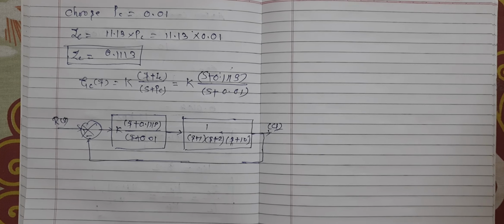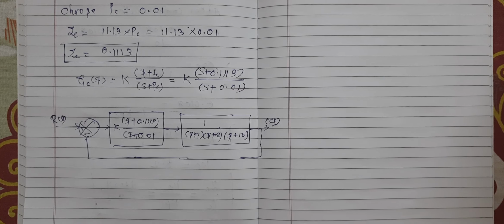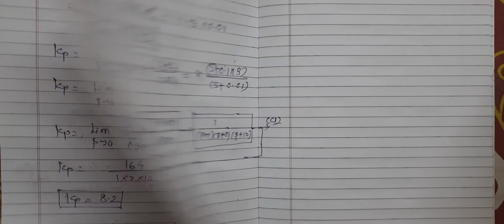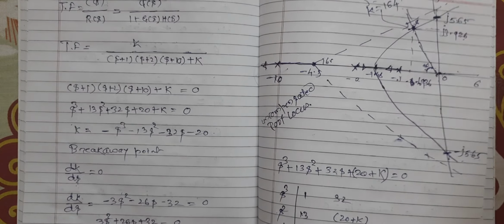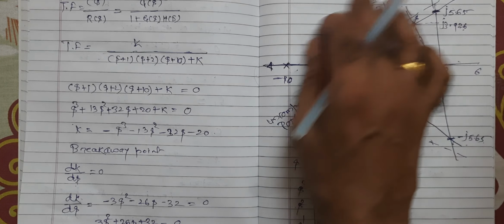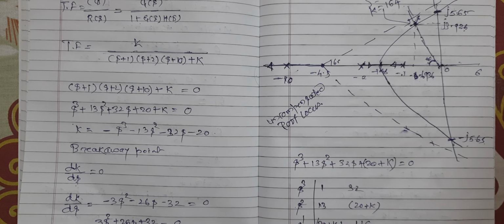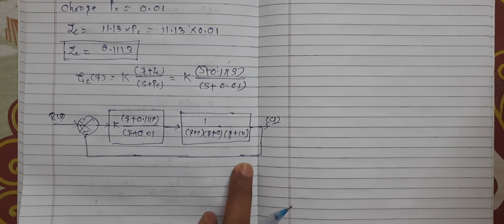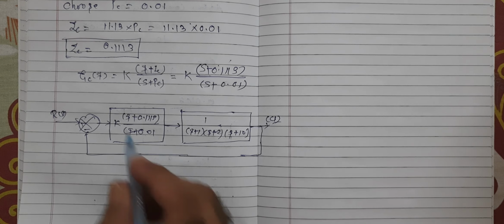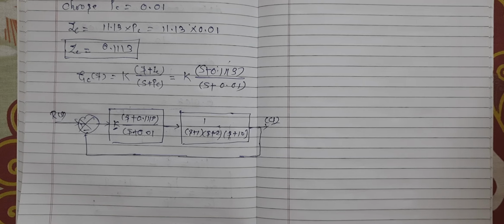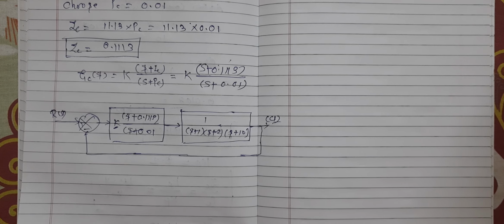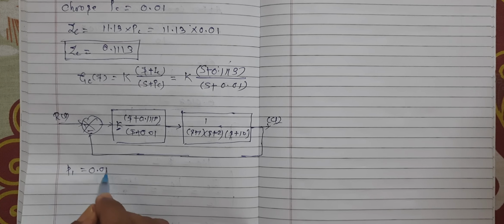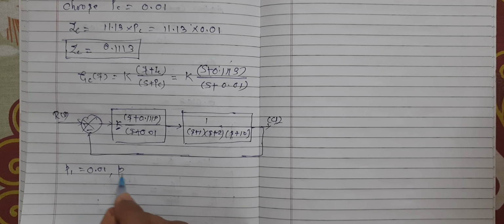So for this system again we have to draw the root locus. Whatever procedure we adopted to draw the root locus of the uncompensated system, the same procedure we have to adopt here, just to calculate the value of the K. Now see here there are 4 poles. P1 is equal to 0.01. P2 is minus.